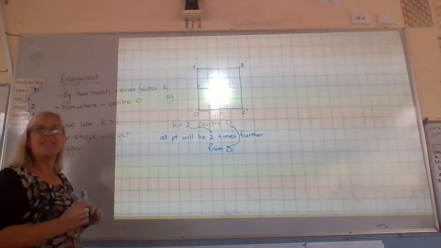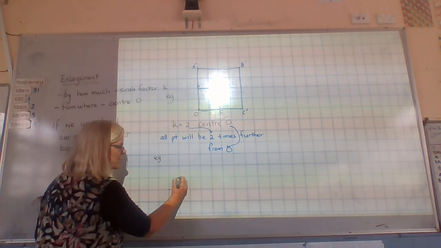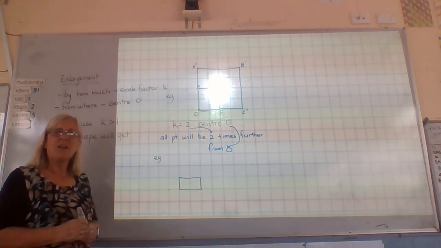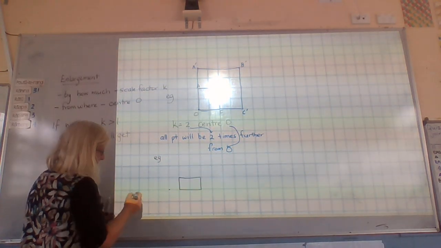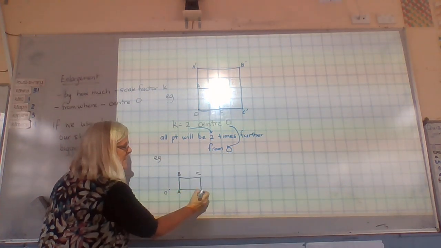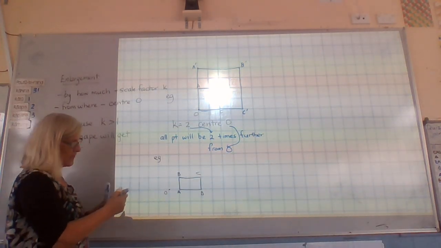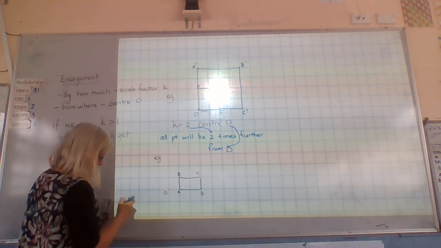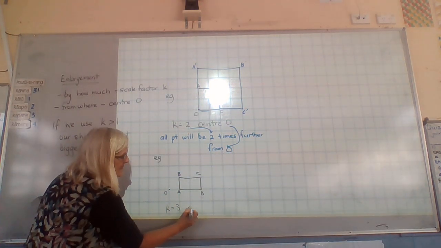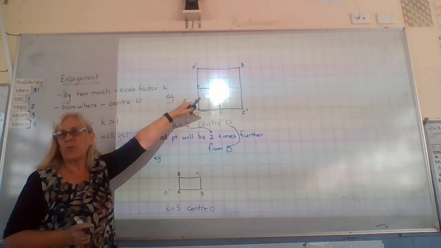If our point is not on our shape, it's a little bit more difficult. All right? If we've got this shape where O is out here, off our shape, A, B, C, D, and we say that we're going to have K equals 3, and the centre is O. We could say the centre was A in this one if we felt like it.